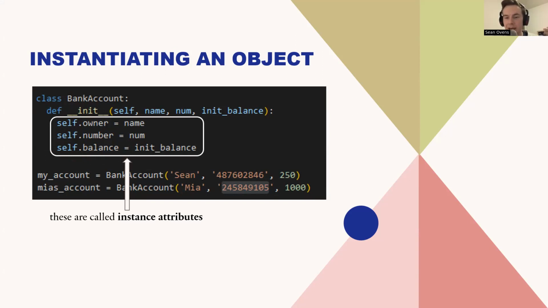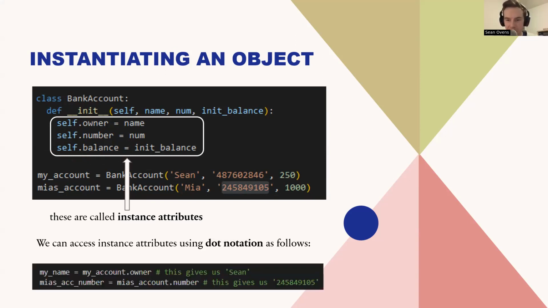Now, after we instantiate an object, we can access its instance attributes using dot notation, as you can see at the bottom of this slide here. So the first line here, we're using myaccount.owner to access the instance attribute owner of the myaccount object, right?